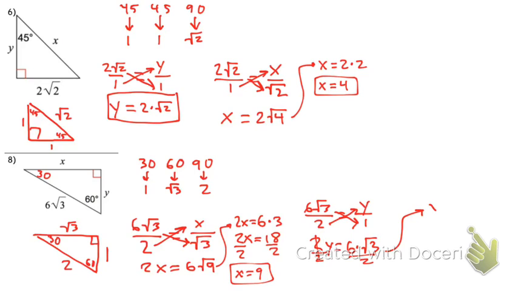So we have y equals 6 times radical 3 over 2. And if you notice, I can actually reduce these outside numbers. 6 divided by 2 turns into 3. 2 cannot divide the radical 3 because it's in a radical. So y equals 3 radical 3.